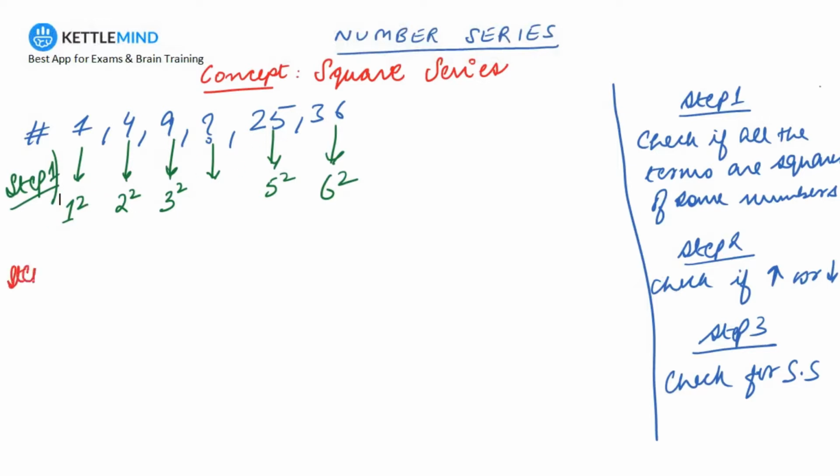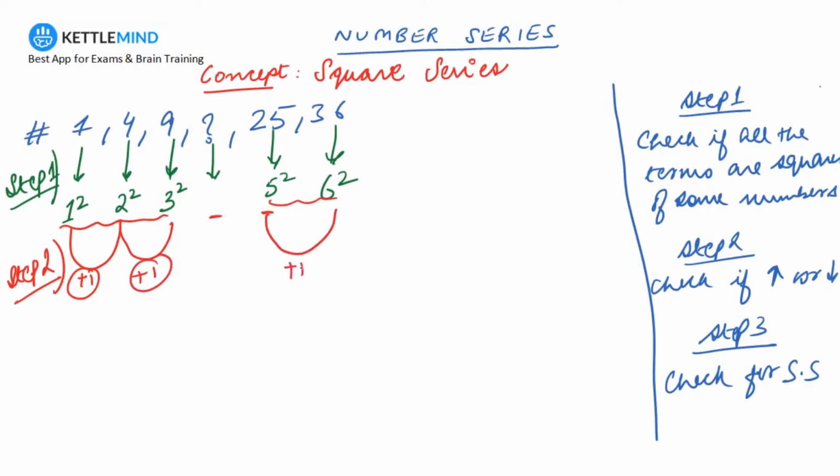Now step 2 says check if this is an increasing order or a decreasing order series. So if you see from 1 to 2 there's an increment of plus 1. Again from 2 to 3 there's an increment of plus 1. I cannot say about this term as of now. Same for this because I don't know this term. But from 5 to 6 there's again an increment of plus 1.